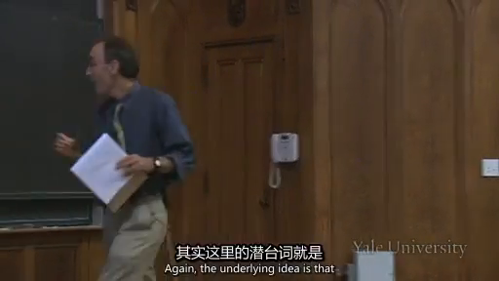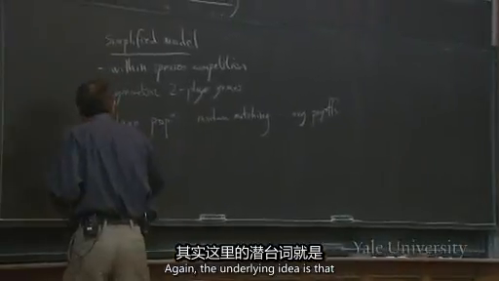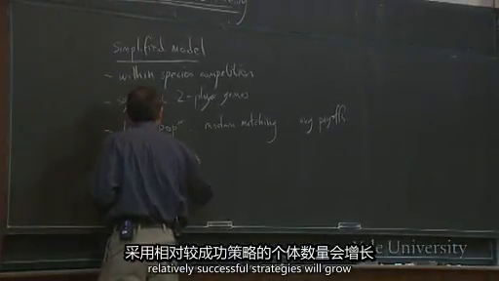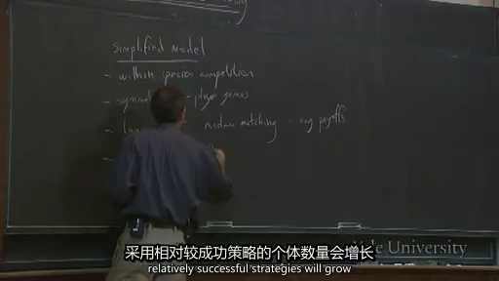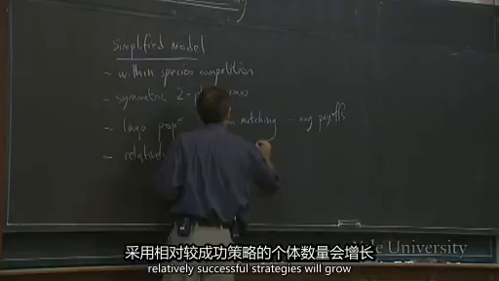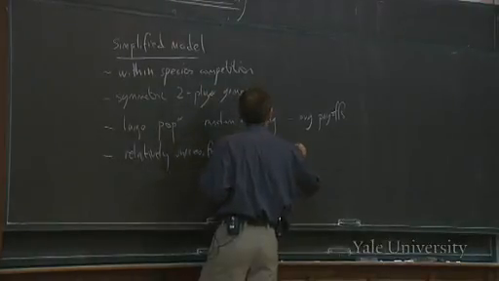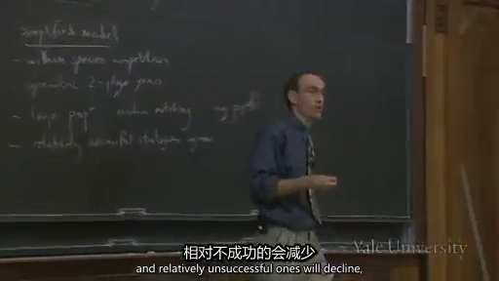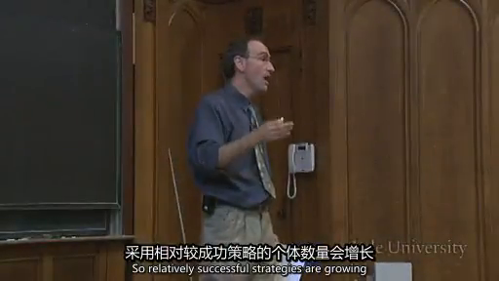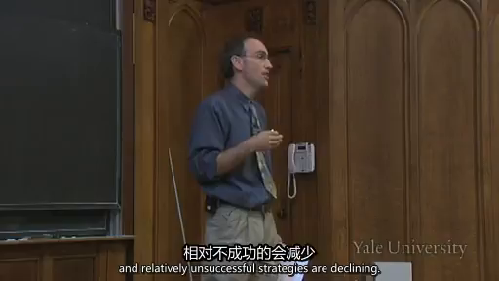All right? And again, the underlying idea is that relatively successful strategies will grow, and relatively unsuccessful ones will decline. So relatively successful strategies are growing, and relatively unsuccessful strategies are declining.